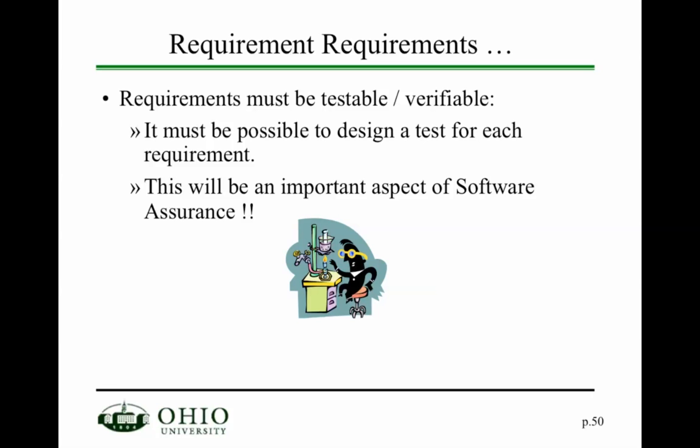If you start writing down textual descriptions of what your software must be doing, you must be thinking, can I test this? If it's a software component running on a processor that sits within a particular box, you must think, can I put the box in a particular state so I can test that this software component is really doing what it's supposed to be doing?